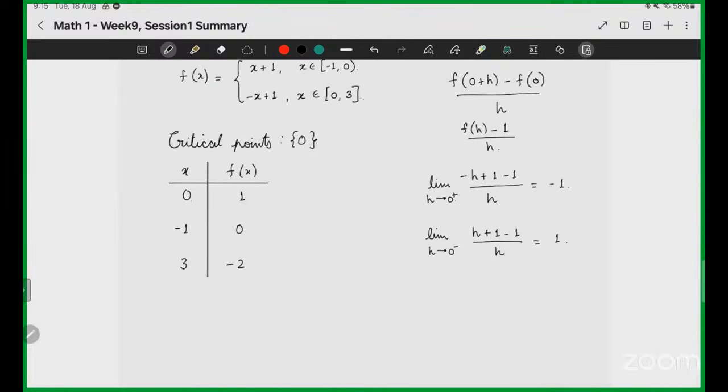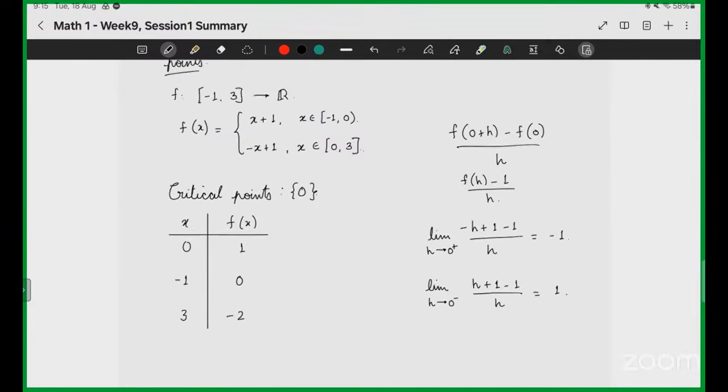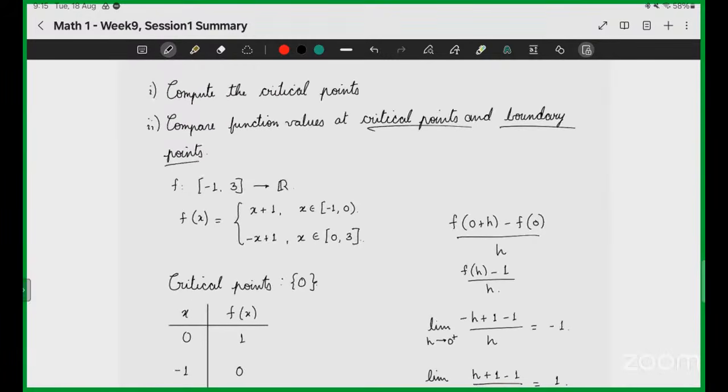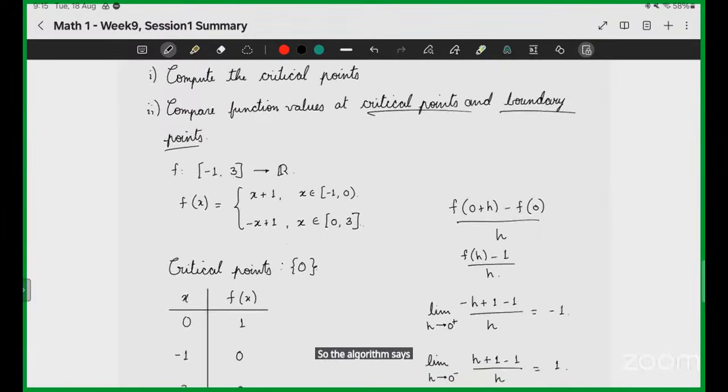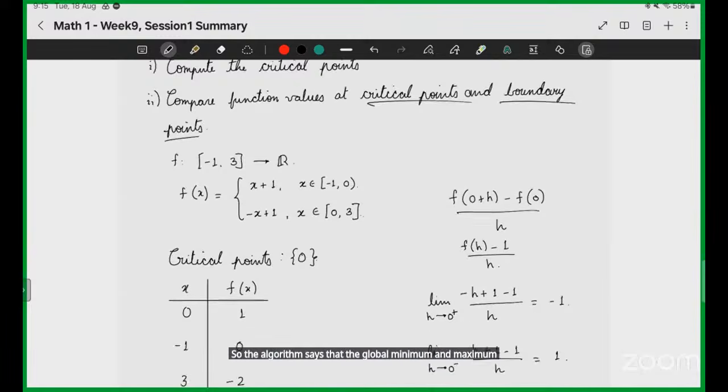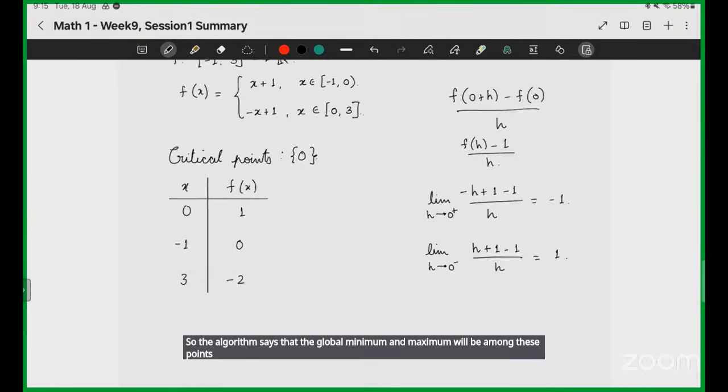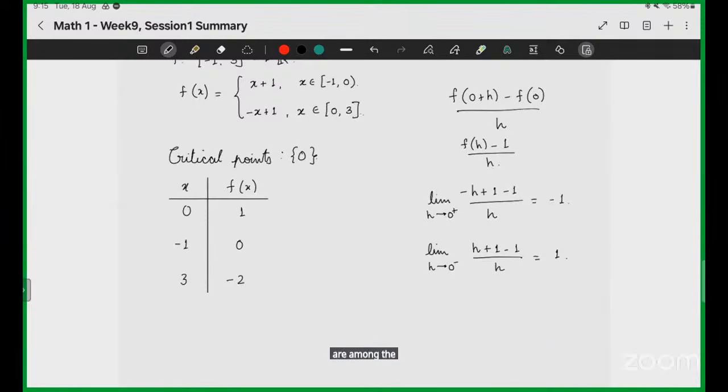So which is the global minimum and which is the global maximum? The algorithm says that the global minimum and maximum will be among the critical points in the interior or among the boundary points.